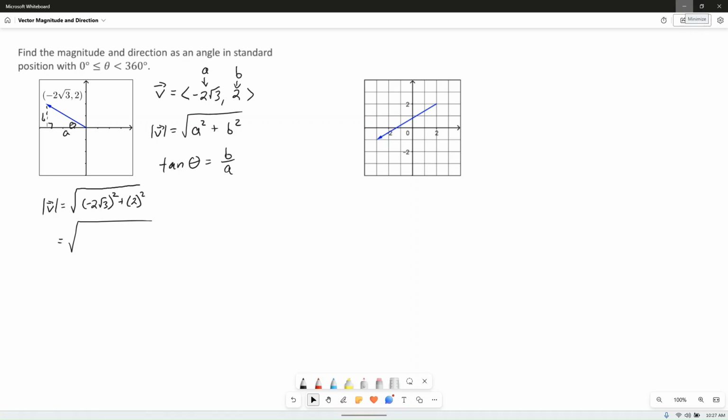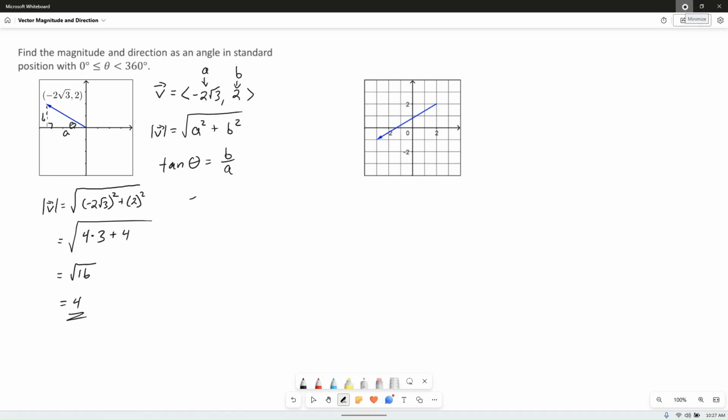So (-2) squared is 4, and the square root of 3 squared is just 3. So we have 4 times 3 plus the 2 squared, which is 4. So that's 12 plus 4, so we have the square root of 16, which is 4. So the magnitude of this vector is 4.